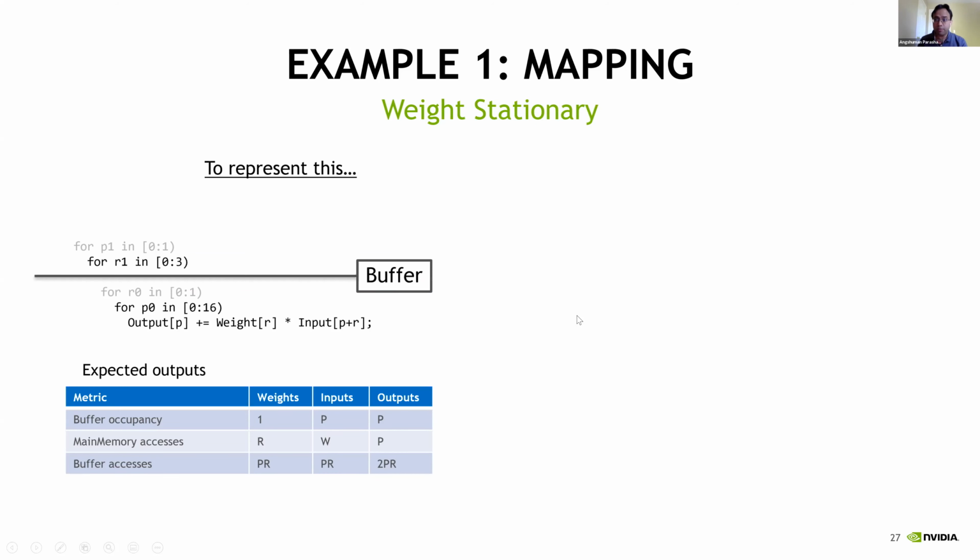Now, in order to describe a mapping for that architecture, the mapping has gotten more complex because we've got one more level in the hierarchy. We now need to describe a level of the loop nest for each level of the hierarchy, right? We were already doing something for the buffer, specifically for the data movement between the buffer and the MAC. Now we need to describe the data movement between the DRAM and the buffer as well.